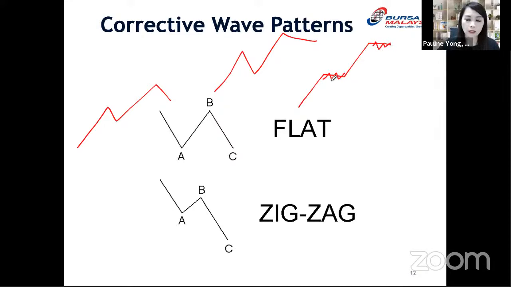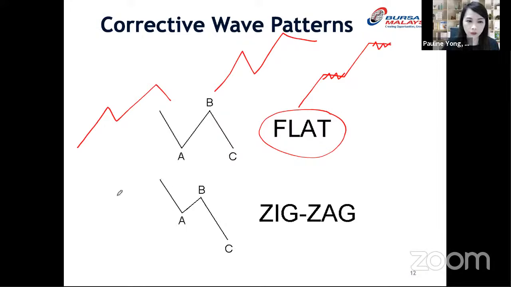Whenever you see a horizontal correction like this, we call it a flat, because a horizontal trend is flat. So you can relate, and there's no difficulty memorizing the term. And then the zigzag means that it will be down.